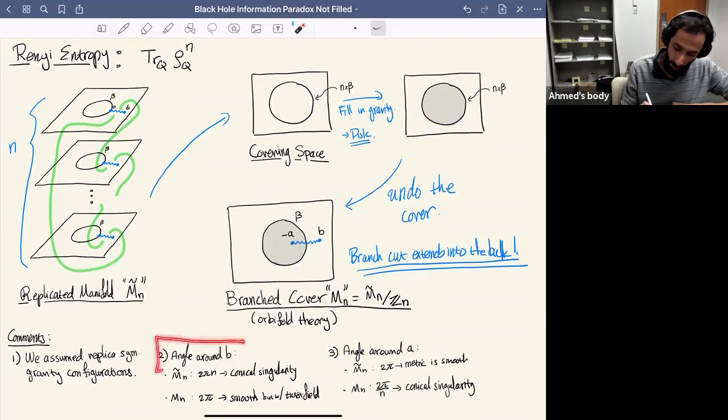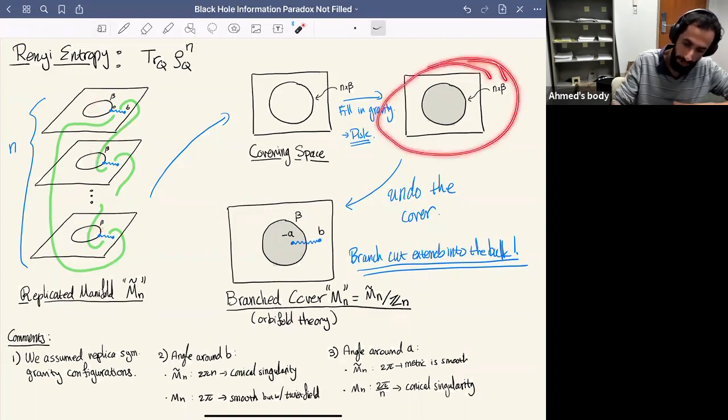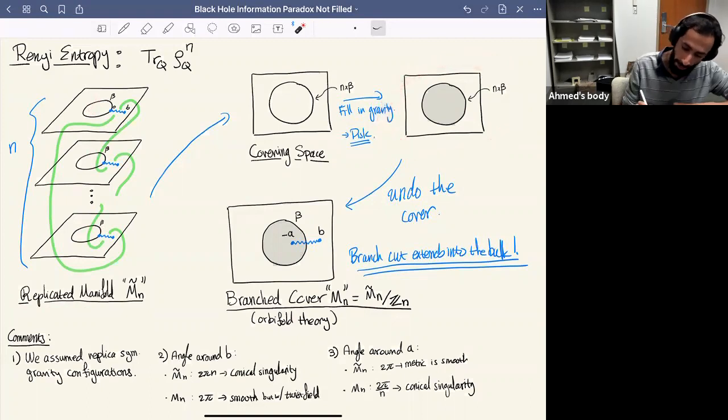Let's focus on the point B. If we look at the spacetime in the replicated manifold, assuming we've filled in these regions here, the point is that on M_n tilde, the angle around B, this point here, is actually 2πn. So we have a conical singularity.